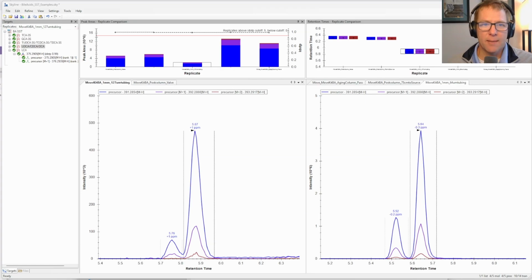So this is the first example, and the details of this are a 1 millimeter separation at 100 microliters a minute. And this is just showing the difference of using a 5,000th ID post-column connection. On the left, we have 75 centimeters of 0.005 inch ID, or 127 micron, tubing.